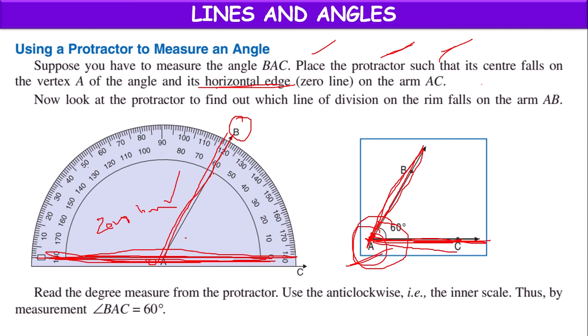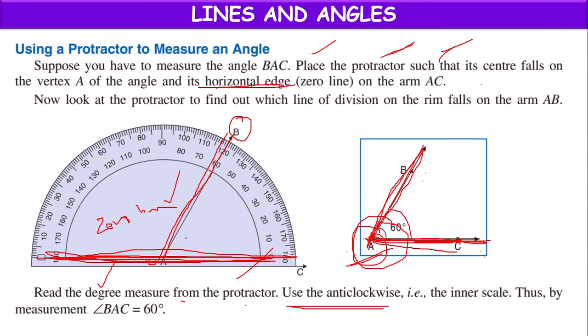And that point will tell the angle of BAC. So now, if we read the degree measure of protractor, if we measure in anti-clockwise direction, because here we have to measure BAC.